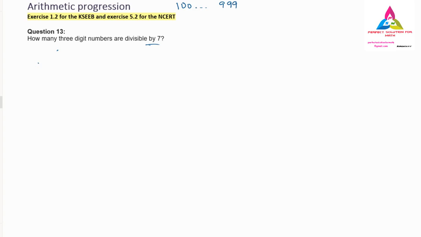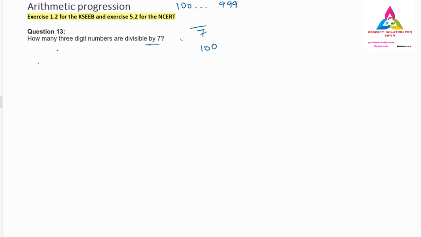So how to find this? Between 100 and 999, how many numbers are there which are divisible by 7? Which is the first number divisible by 7? We have to check whether 100 is divisible by 7 first. In such a question, some students directly take the first term as 100.